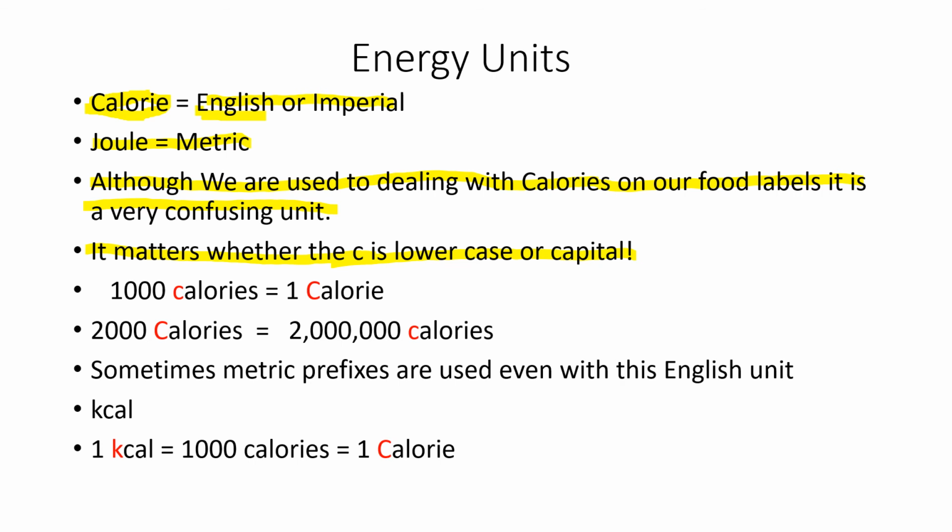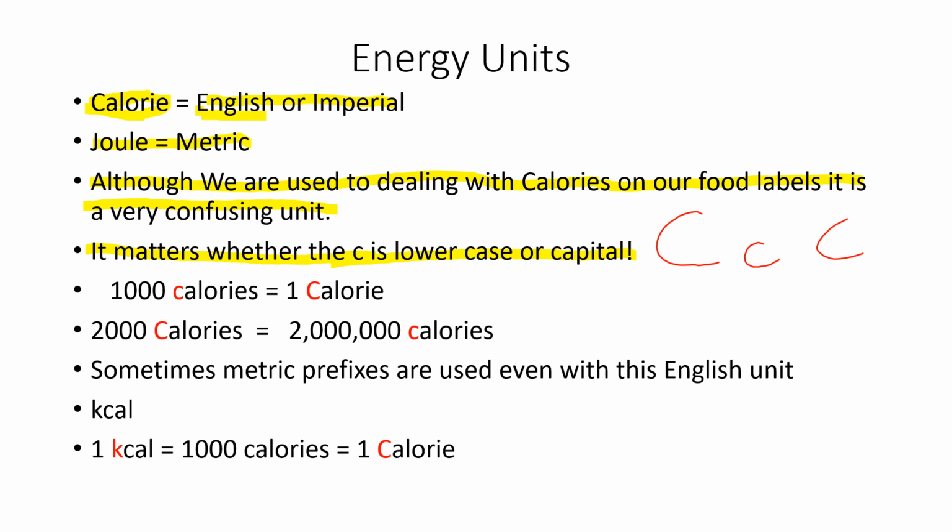It'll have different meanings. I don't know about you, but that to me sounds pretty confusing. That when we look at that, lowercase versus capital has a meaning. Well, when we're writing C's, a big C looks a lot like a little c. Well, what if your handwriting kind of looks like a medium-sized C? Is that capital? Is that lowercase? That's like asking for trouble when you're using calories.